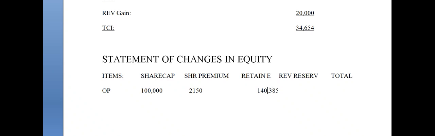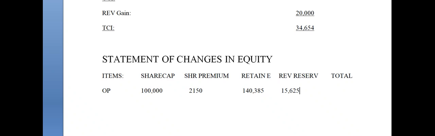What about reserve? 15,625. So what's the total, please? 15,625. But sir, is revaluation surplus that is in the trial balance.